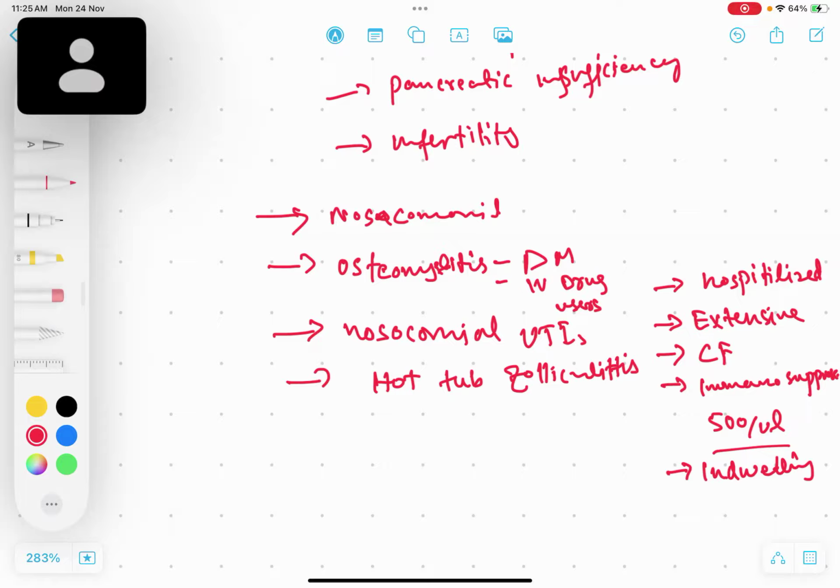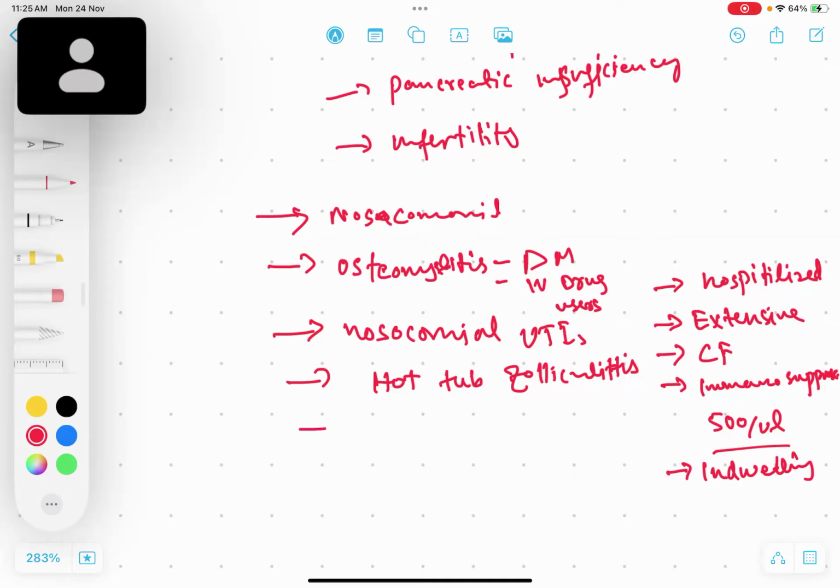So they can cause this hot tub folliculitis. It's also called pruritic folliculitis. So you will see these pruritic papules, okay, in patients with this pruritic folliculitis. And this pool water is actually an important cause. Also, no chlorination of water.